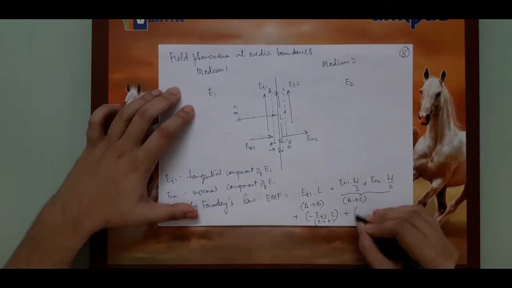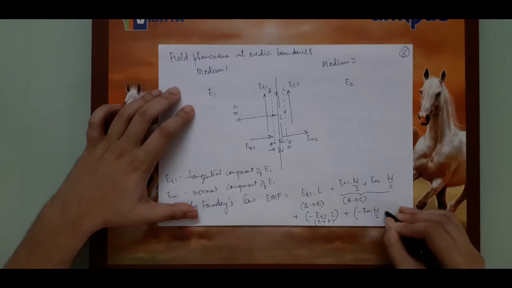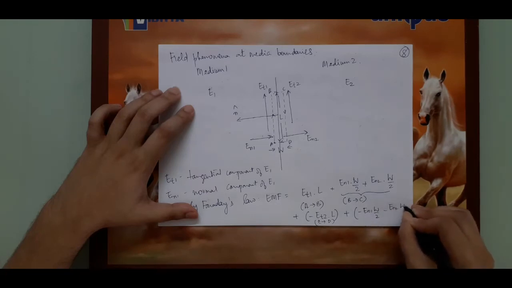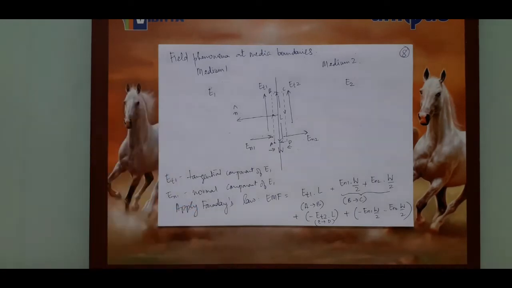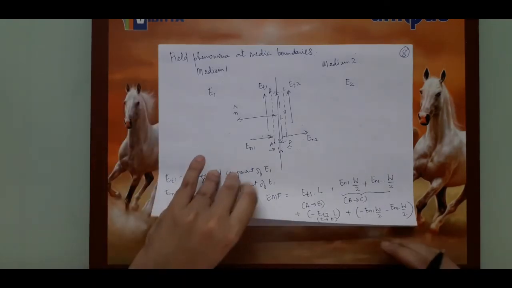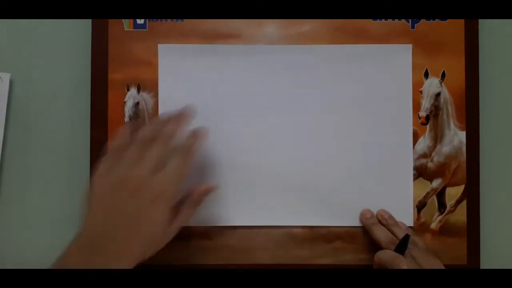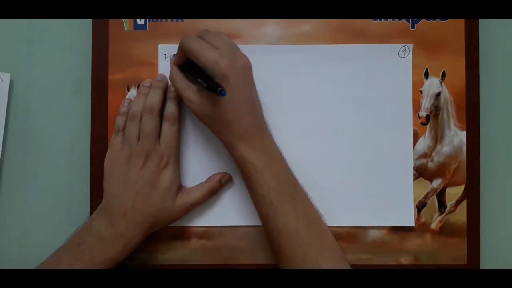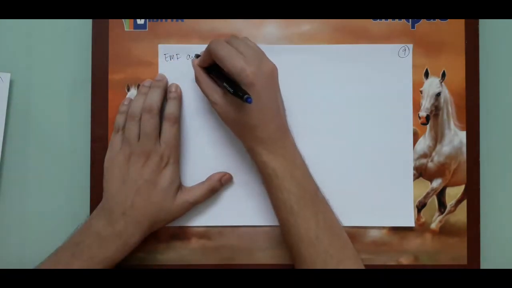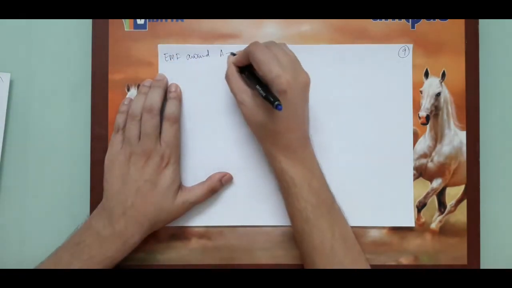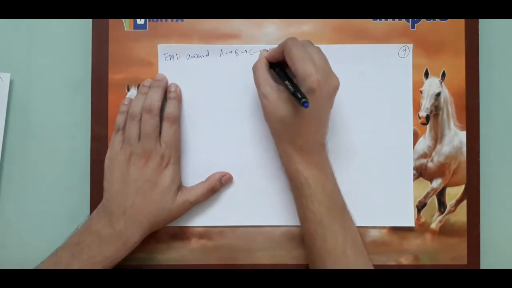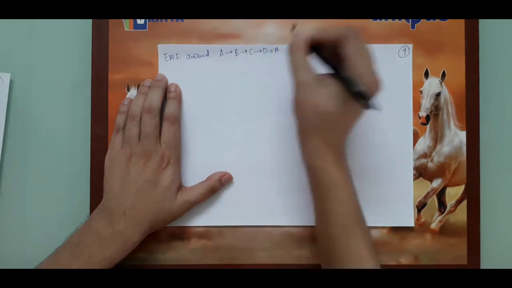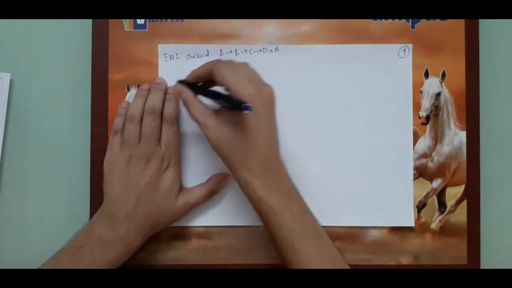So this will be minus EN1 W by 2 minus EN2 W by 2. So let us write this a little more properly.